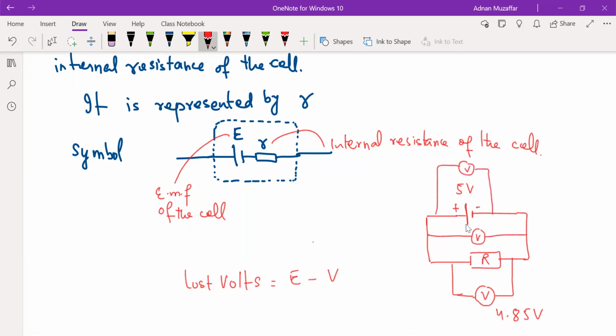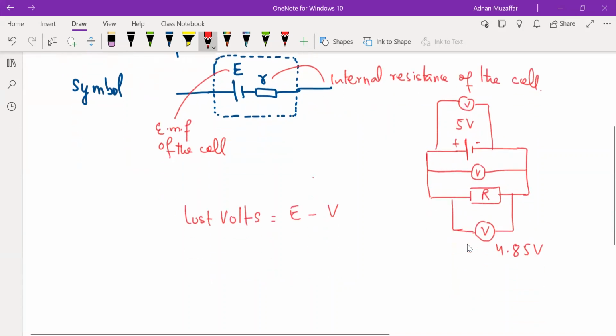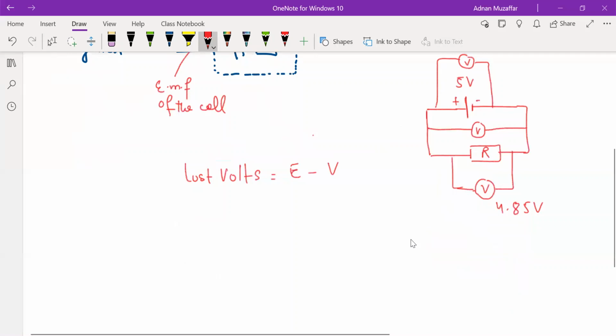The interesting thing is this, because we know that in parallel combination, voltage remains the same. So let me redraw the circuit. For example, there are 2 wires here, maybe 2 copper wires. These are conductors, conducting wires.